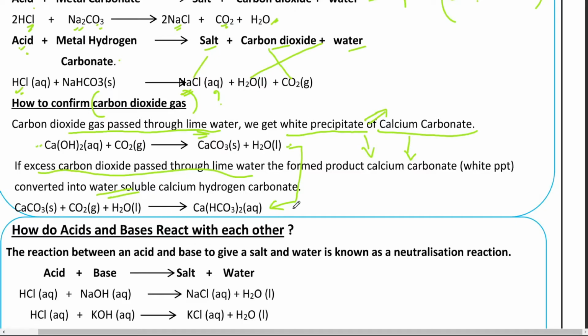But now we are going to learn what happens if the acid and bases are combined. What is the reaction that we are going to get? The reaction between an acid and base will always give you salt and water.